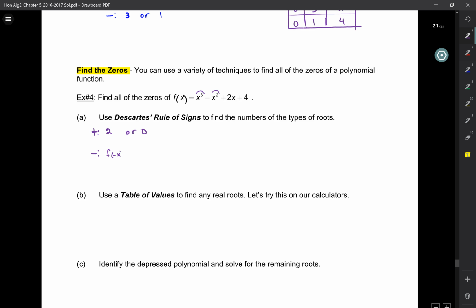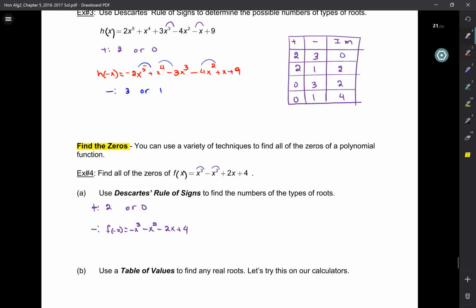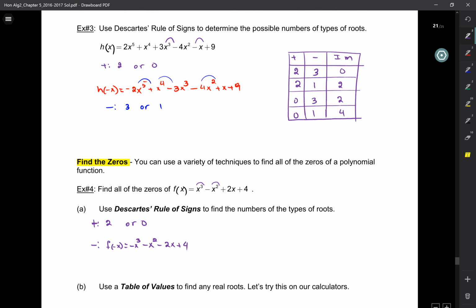F of negative x is negative x cubed minus x squared minus 2x plus 4. So how many? Just one. So there is definitely a negative 0, right?